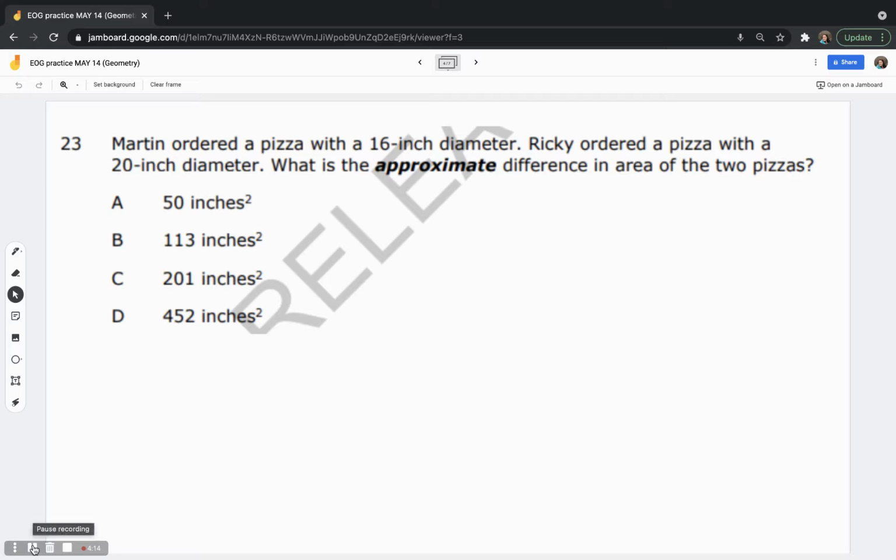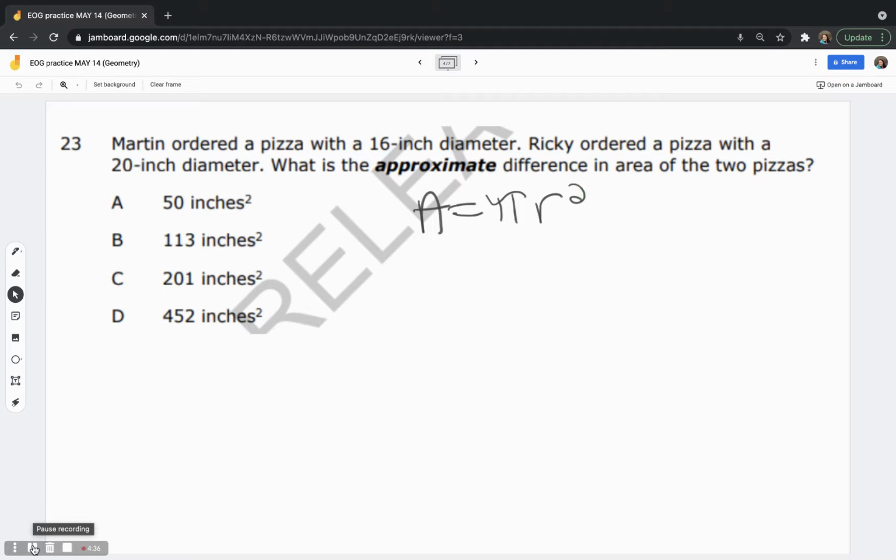Our next question says, Martin ordered a pizza with a 16-inch diameter. Ricky ordered a pizza with a 20-inch diameter. What is the approximate difference in the area of the two pizzas? So to calculate area of a circle, we need to do pi times radius squared.